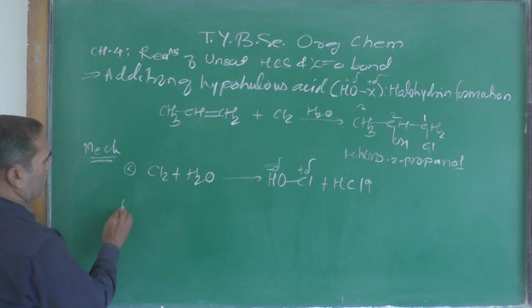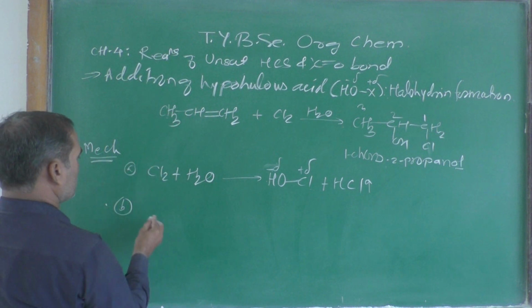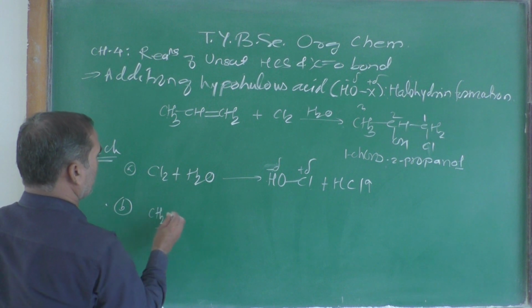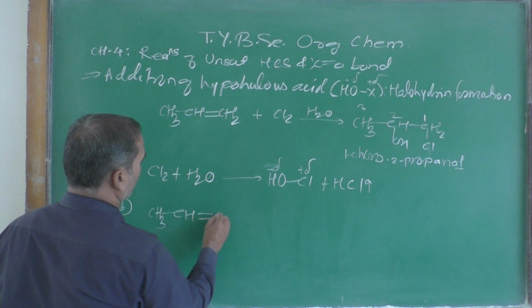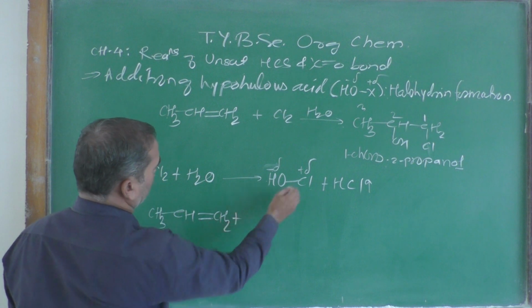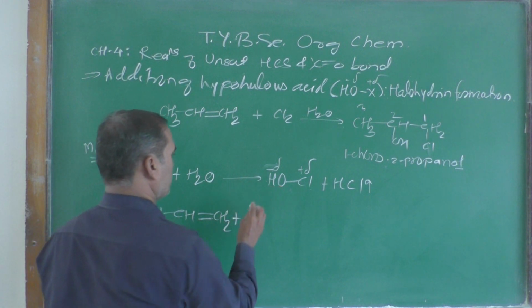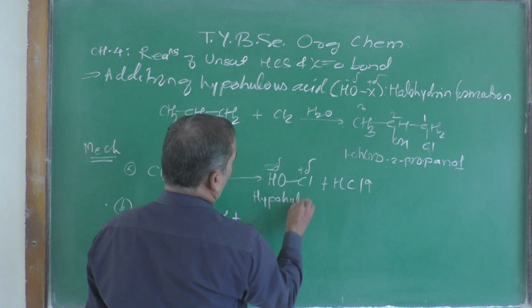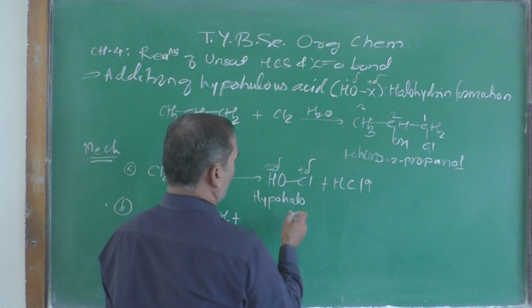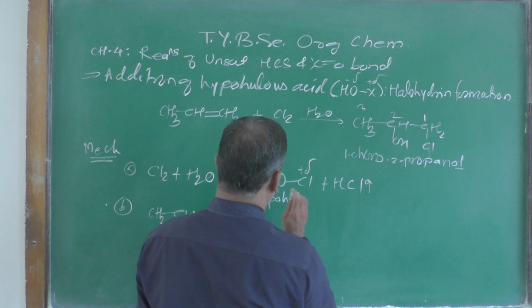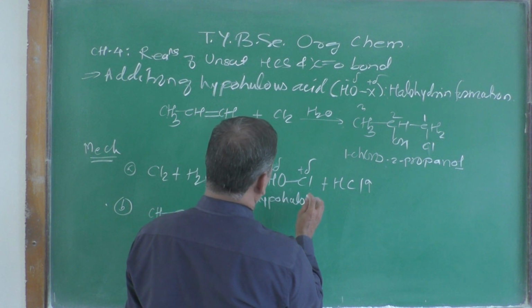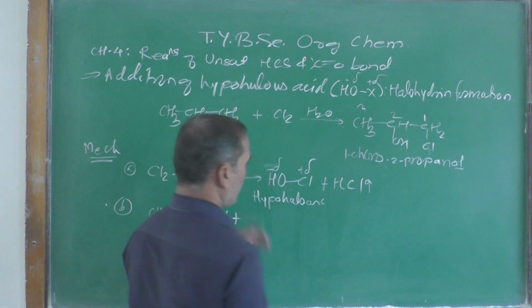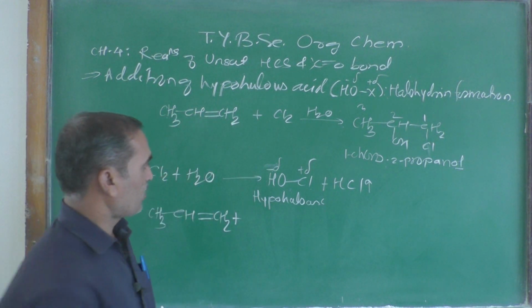And in the second step, what is happening? As usual, CH3 CH double bond CH2 is the substrate. The name of this reagent is hypochlorous acid.